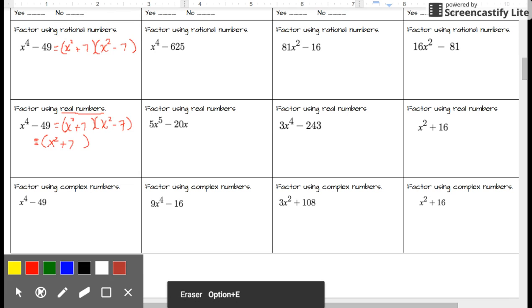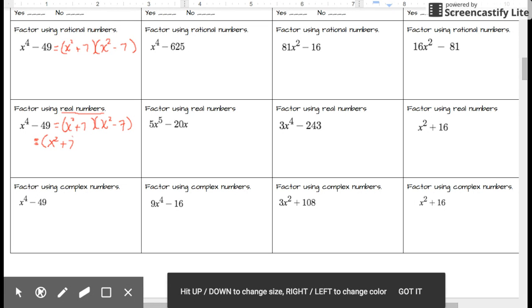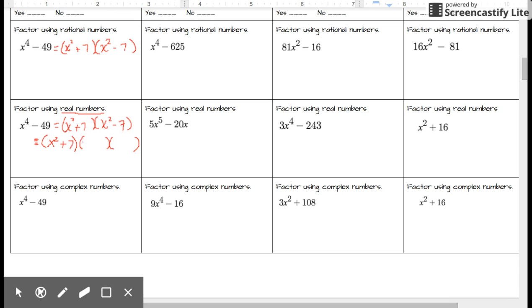But x squared minus 7 can be factored again as a sum and a difference: x plus square root of 7, and here x minus square root of 7.